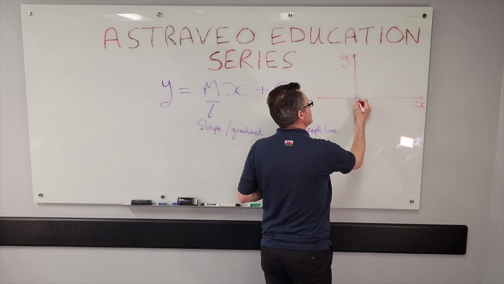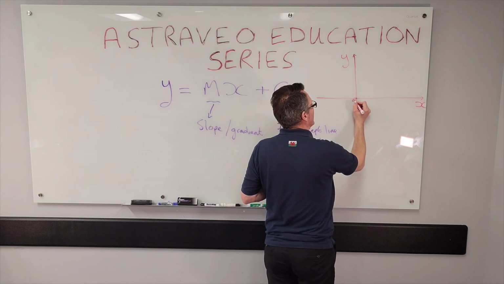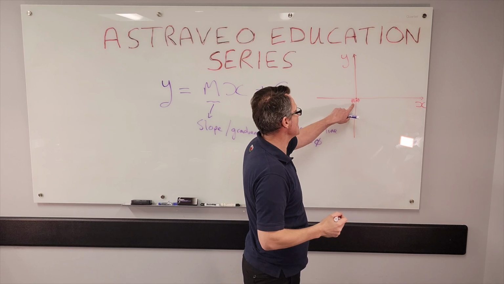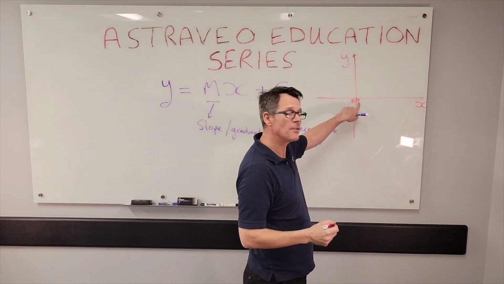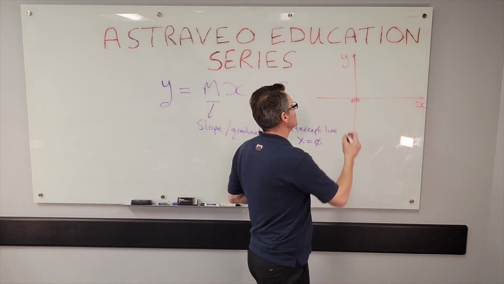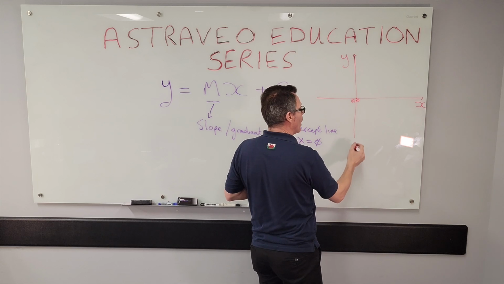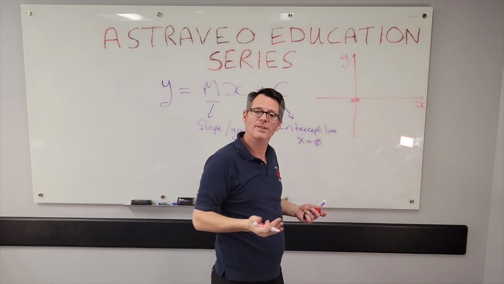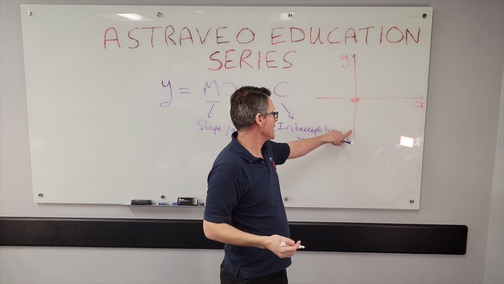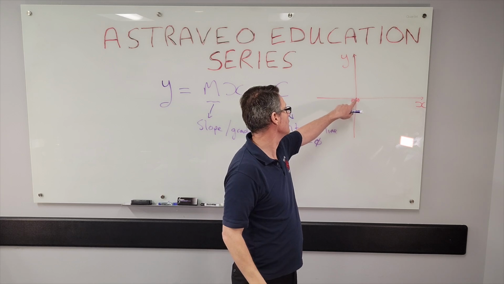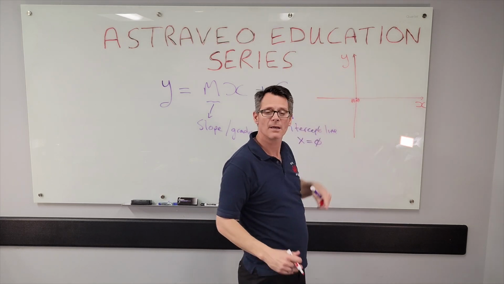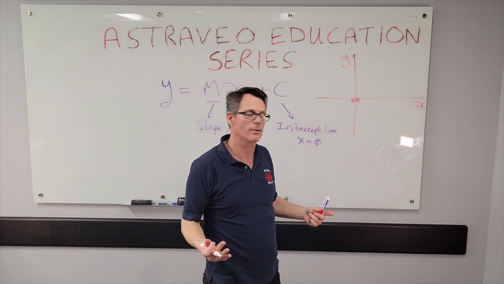Now this point here is called the origin, and its coordinates are 0, 0. That means the x value is 0 and the y value is 0. So this line here, the y-axis, is any point at which x is 0. x is 0 here, here, here, at the origin, here, here, here. On that line, x is always 0.